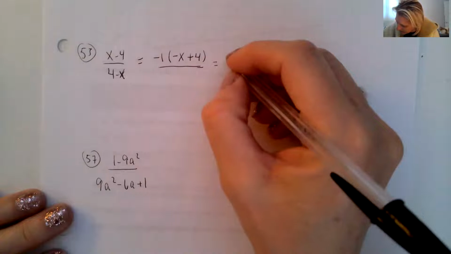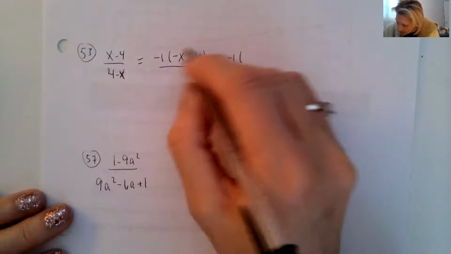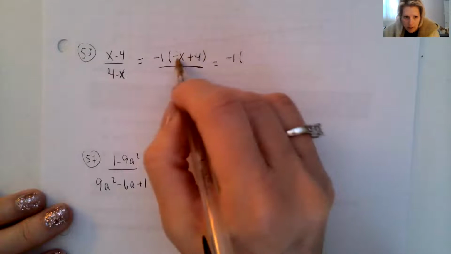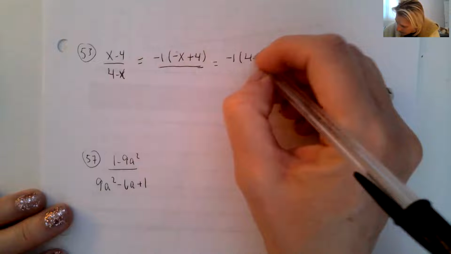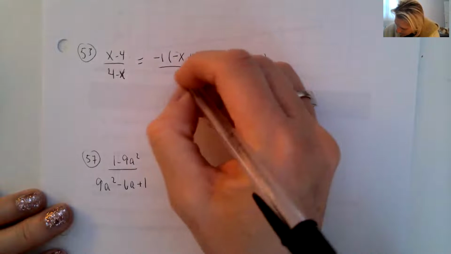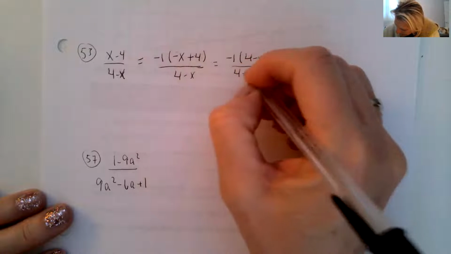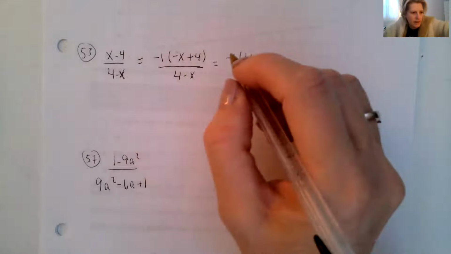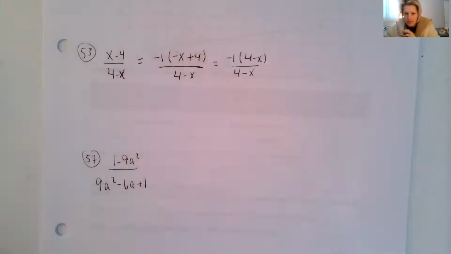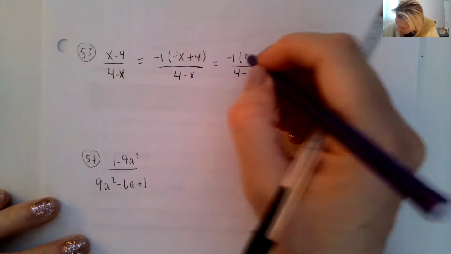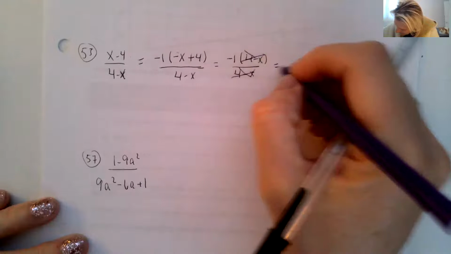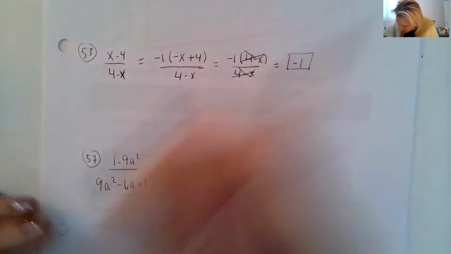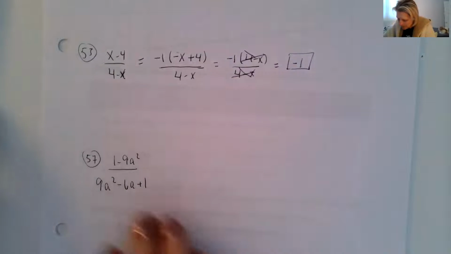And then I can say a negative 1, and I can just commute these, so I can flip flop them. So it's really 4 minus x. And then that matches my denominator, 4 minus x. And I'm left with just a negative 1.